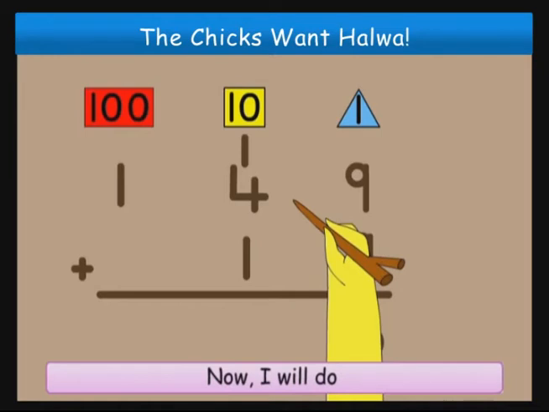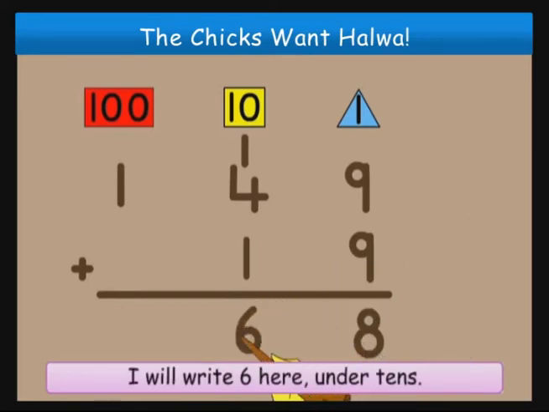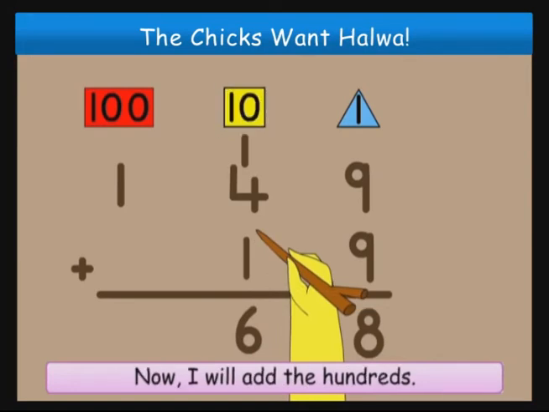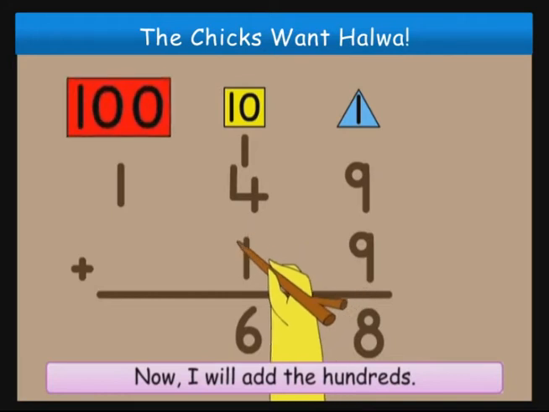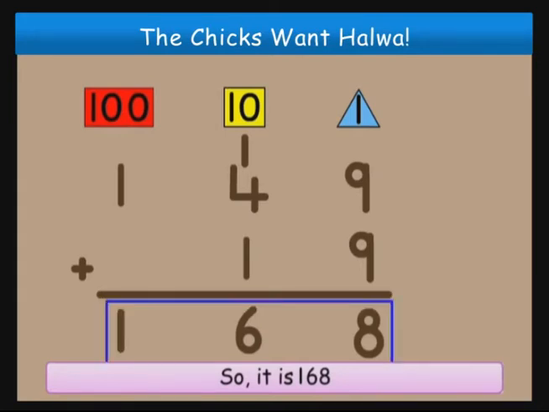Now I will do 1 plus 4 plus 1, equal to 6. I will write 6 here under tens. Now I will add the hundreds. It is just 1. So it is 168.